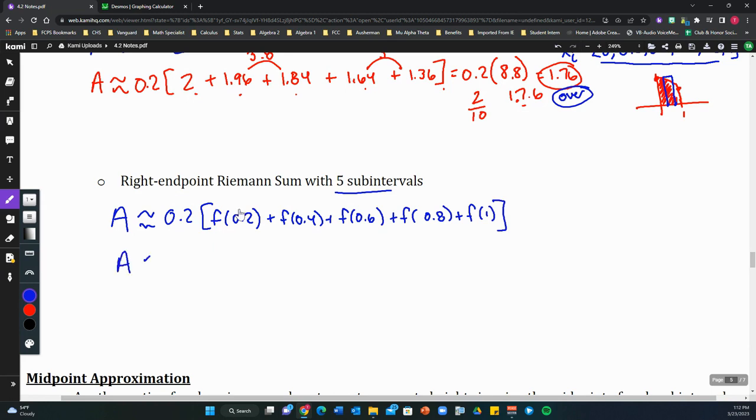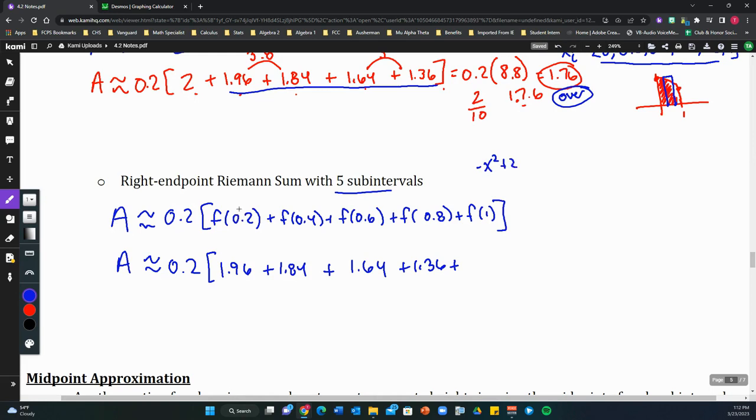As far as heights go, that is one nice thing when you have to do left and right endpoints. You already calculated all the difficult y values. So that part's done for us, 1.96, 1.84, and we even know what those total up to because we wrote it down from before. But now f of 1, if I plug that into negative x squared plus 2, will give me negative 1 plus 2, or 1.